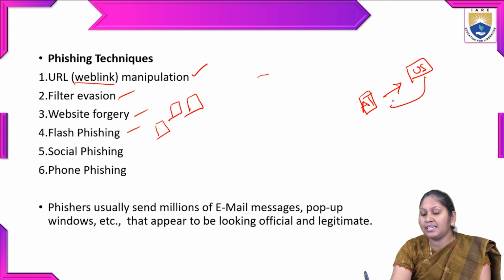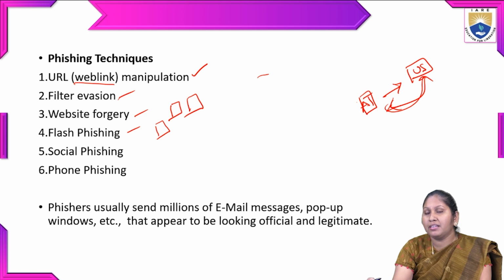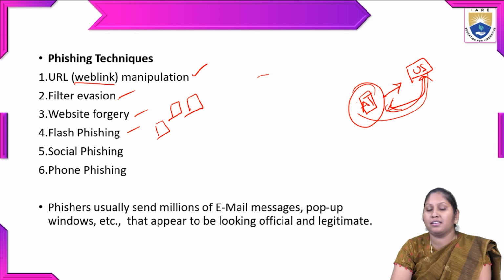Here the user thinks that he is a person known to him, so he will communicate with that person. He will give some personal information, where they are going, where they are coming from, what their habits are. He is giving information to the attacker without knowing that he is an attacker. So it is nothing but flash phishing.